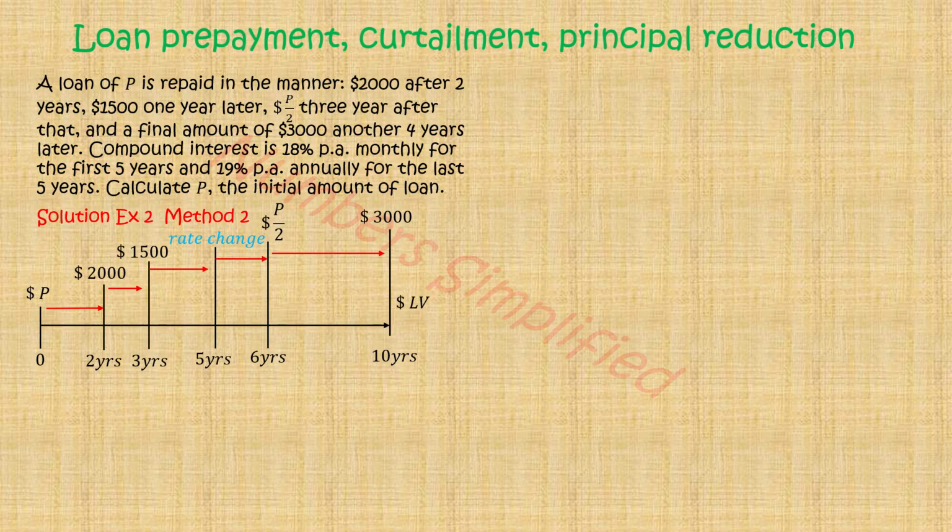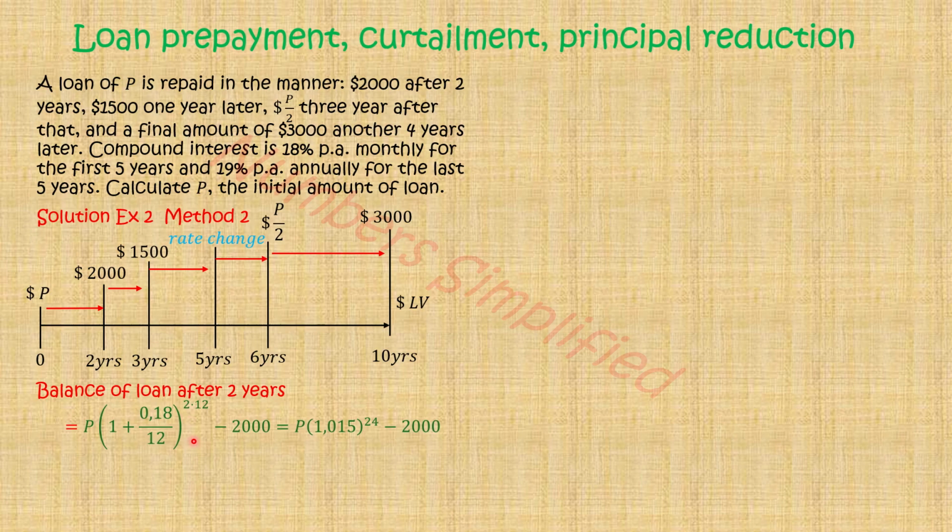Right, so for the balance of the loan after 2 years, we would need to get what the value of the loan is in 2 years. So we have P at time 0. With the loan that it accrues in the second year, we are going to multiply that by 1 plus 0.18 divided by 12 raised to the power 2 times 12, because we've got 2 years and we've got 12 periods within a year.